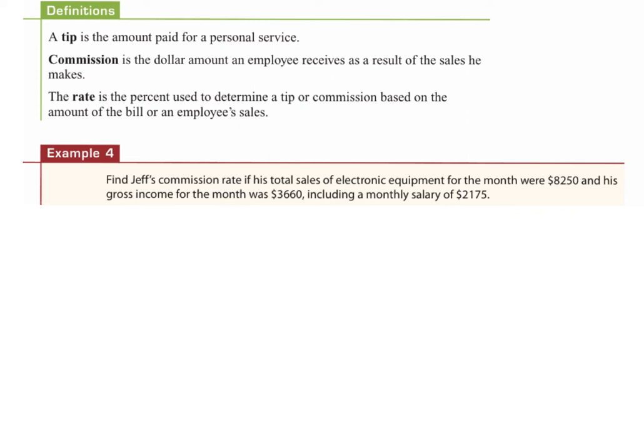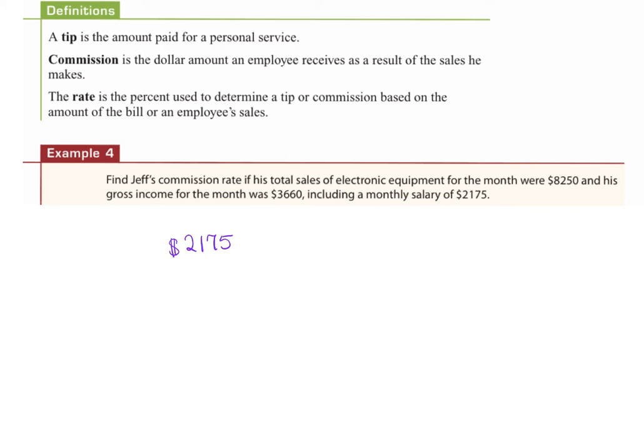In this particular case, he has a monthly salary. So no matter what he sells, he gets $2,175 a month. That is a flat amount. It is not affected by his sales at all. So he is going to get that every single month. But on top of that, he gets commission.